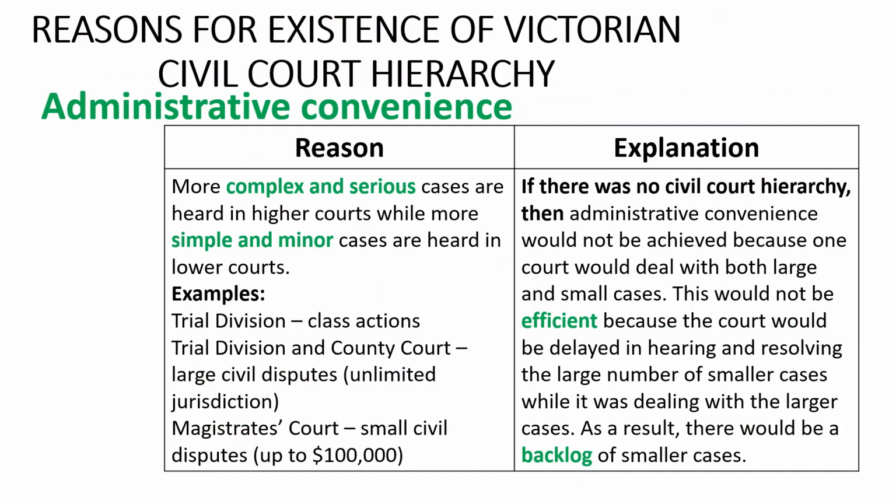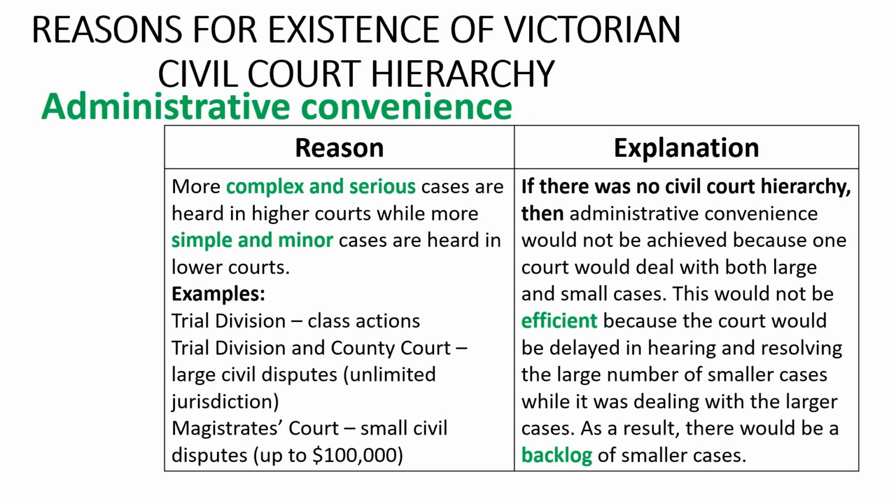Remember that our learning intention is that you should be able to explain the reasons for a Victorian civil court hierarchy, including administrative convenience and appeals. You may remember from Year 11 that there are actually 4 reasons for a court hierarchy, that is, specialisation, appeals, administrative convenience, and precedent.